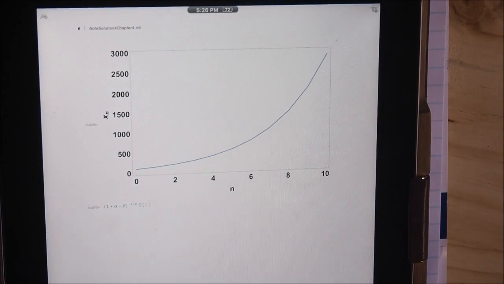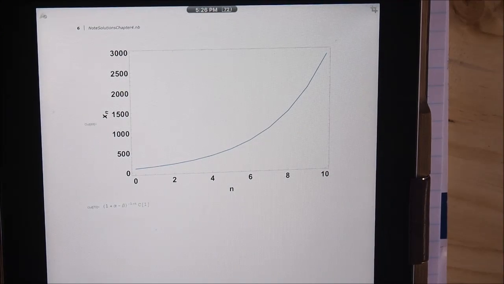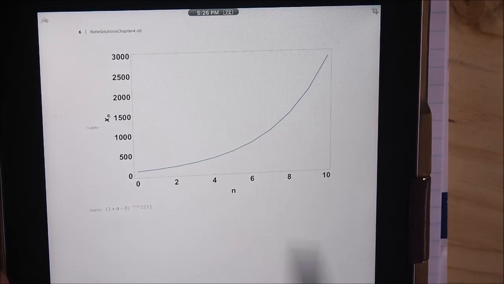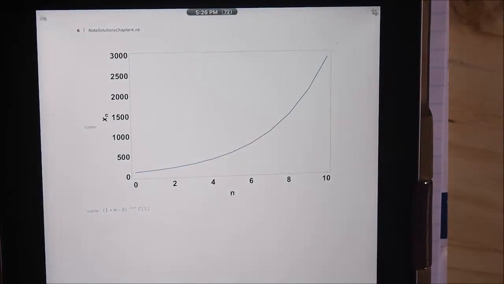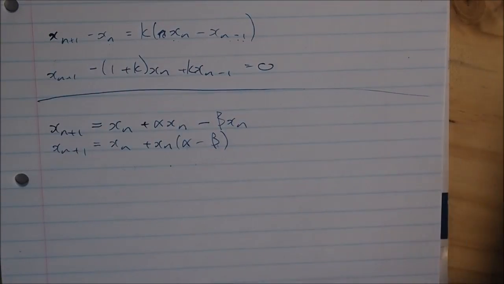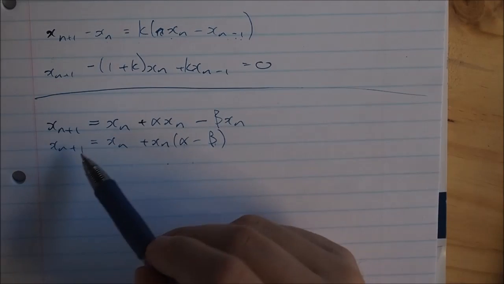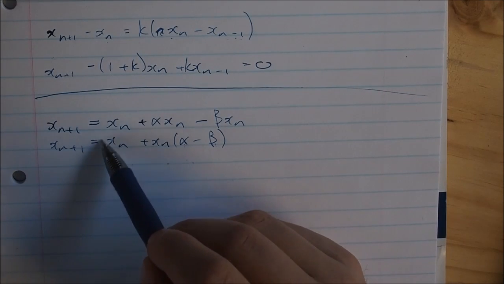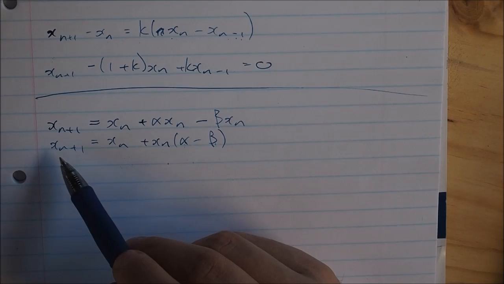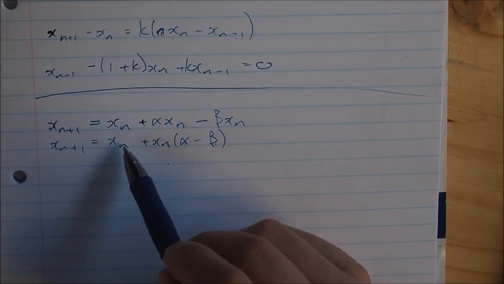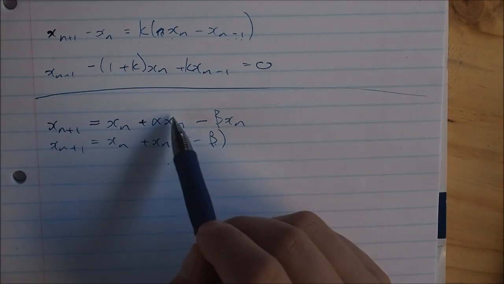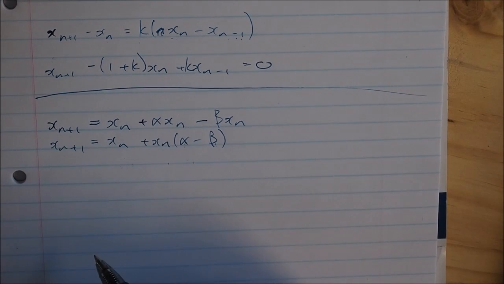Just one example: if alpha is bigger than beta, so if more animals are being born than are dying, then the growth looks like this, and it's just discretized into these individual years or months or whatever it is. So pretty straightforward. Just to reiterate, we always tend to have this term here. The number of things we have in the next season is going to be the number of things we have now, plus the number that are born, minus the number that die off.